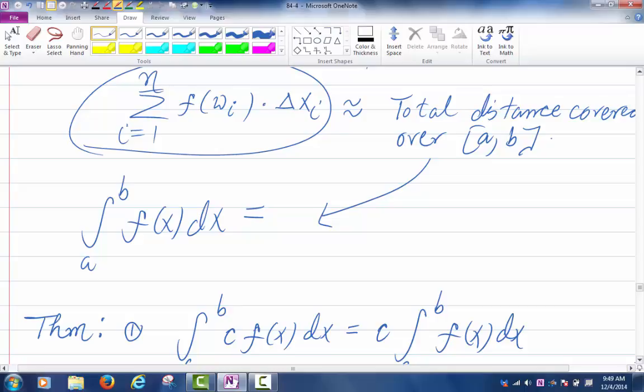Is everybody clear? So that's an application of definite integrals: given the speed function of an object, you can come up with the total distance covered by the object over a time interval.